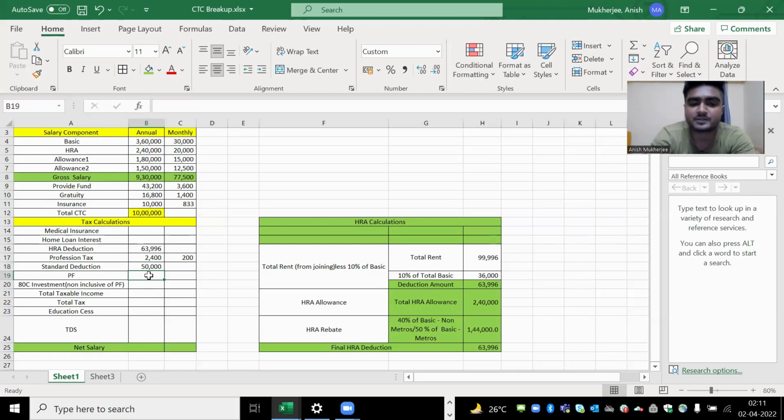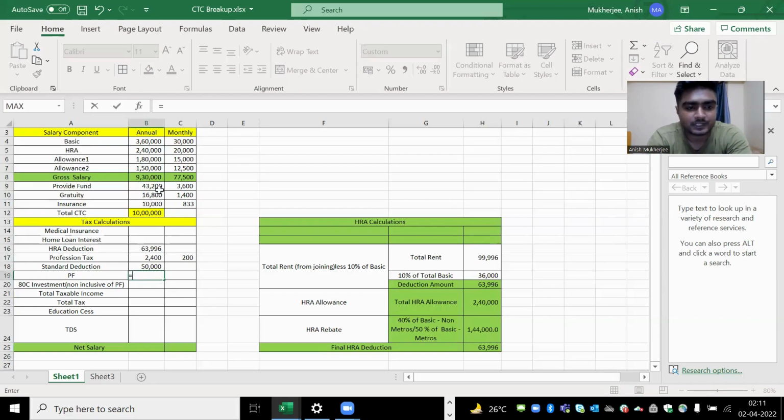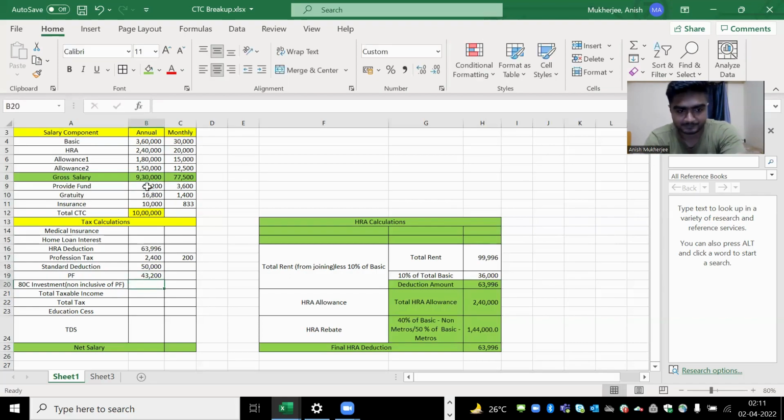Now the PF part comes in. What you need to keep in mind is that section 80C has a limit of 1.5 lakhs. In that 1.5 lakhs, the PF that the employee contributes is included.